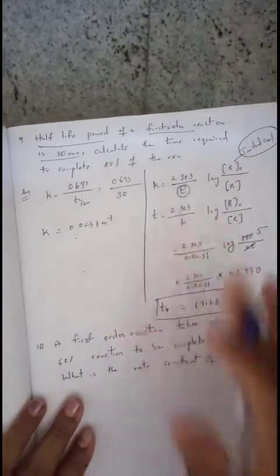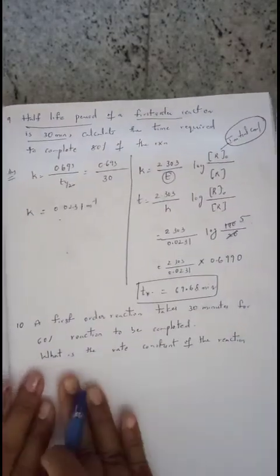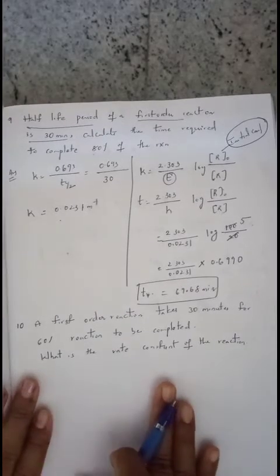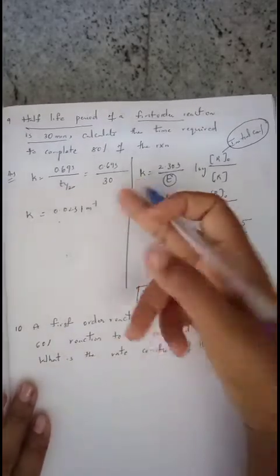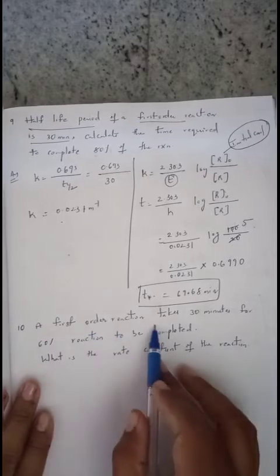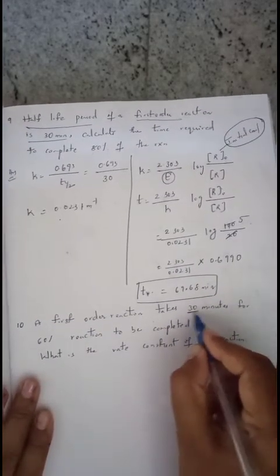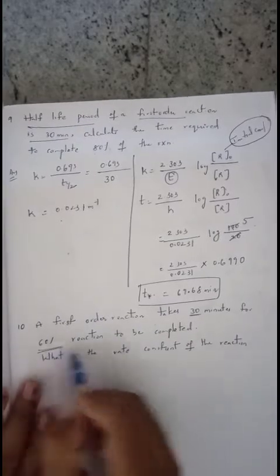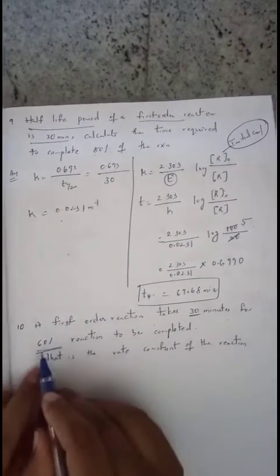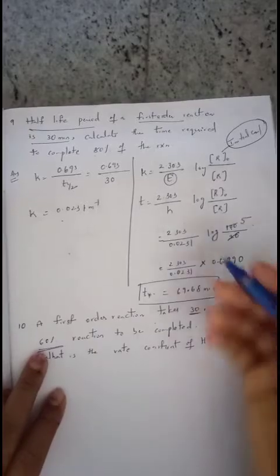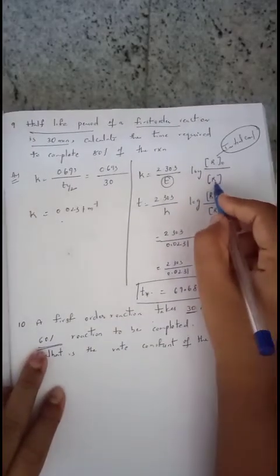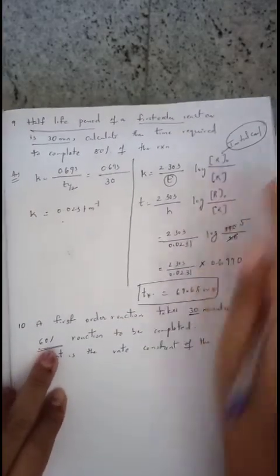Okay, in the same manner you have to find the solution for this one. This is also similar to the previous problem. A first order reaction takes 30 minutes, they have given the T half value as 30 minutes, for 60% of the reaction to be completed. That means the initial concentration of reactant is 100, and the final concentration is 100 minus 60, which is 40.